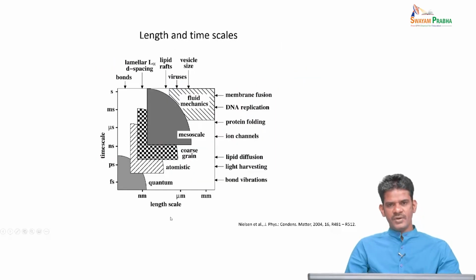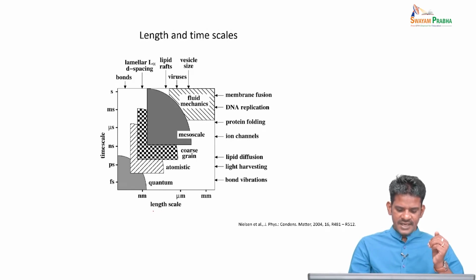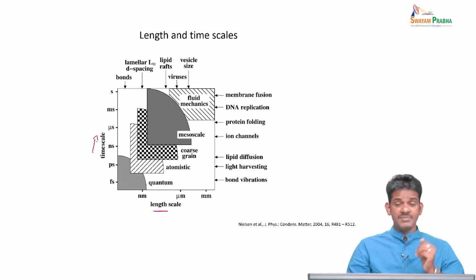Now when we talk about molecular dynamics simulations or computer simulations in general, the first thing we need to decide is what kind of length scale and time scale are involved in the physical phenomena that we want to investigate. This takes us to this particular diagram, where on the x-axis length scales are written, on the y-axis time scales are written.